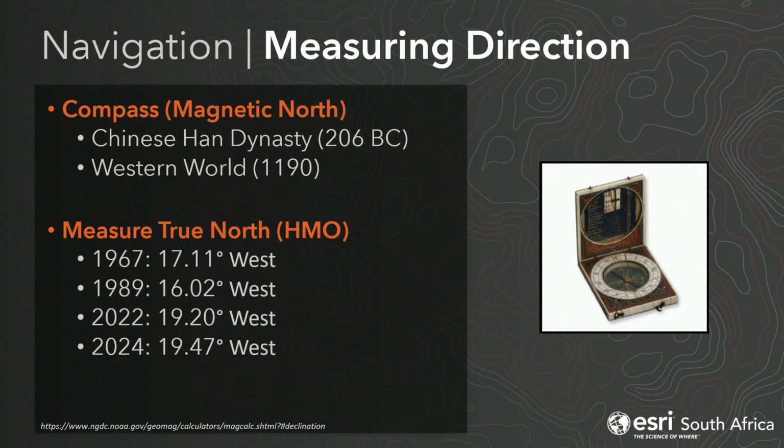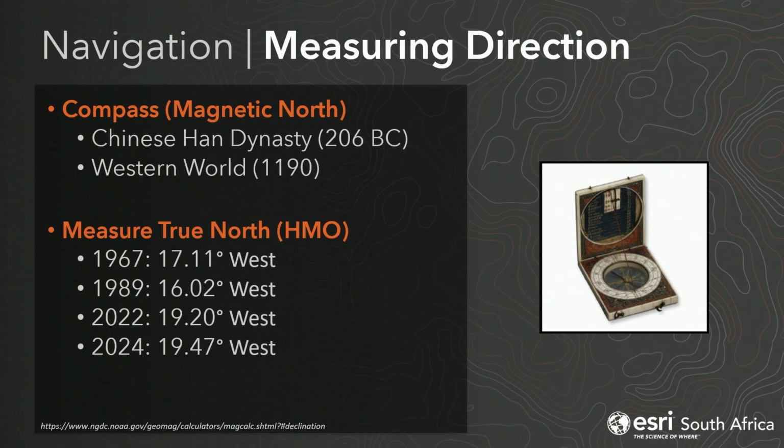We have an organization under the South African National Space Agency called the Hermanus Magnetic Observatory, and they do many more things, but one of their roles is to define the magnetic declination as it is changing every year, or they report it on a yearly basis. And if you look at the HMO readings at the bottom, you'll see from 1967 we were at 11 degrees west.